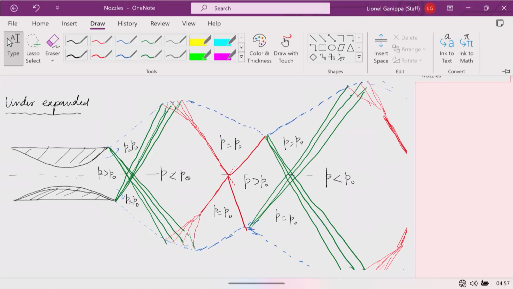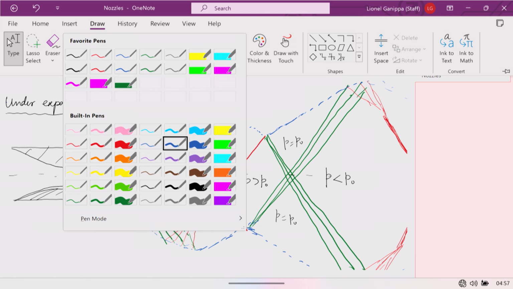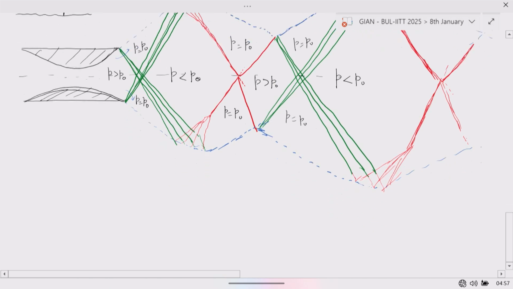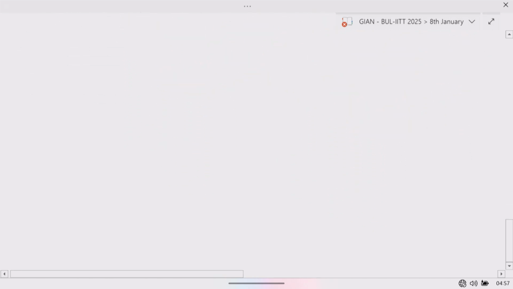Okay, so let's finish this morning section, the first part of it, by working out a problem. Problem number 9 on the problem sheet.